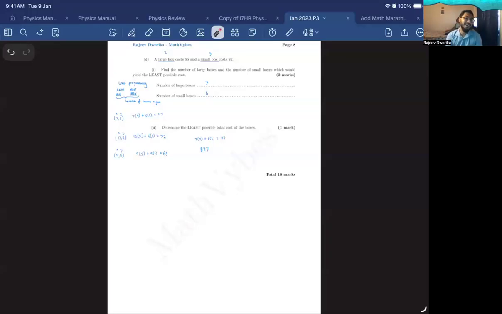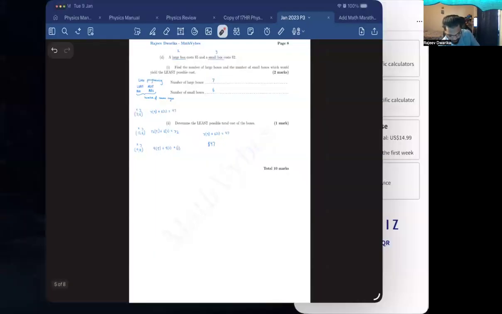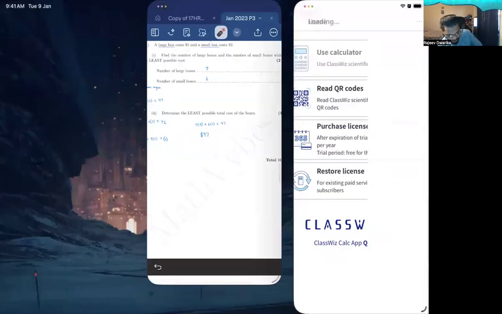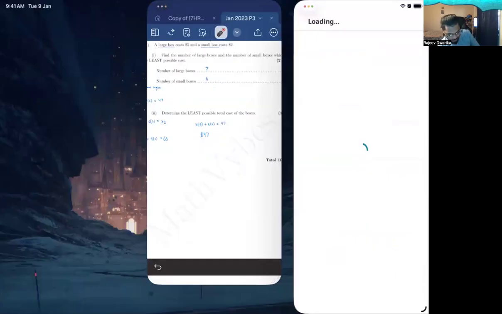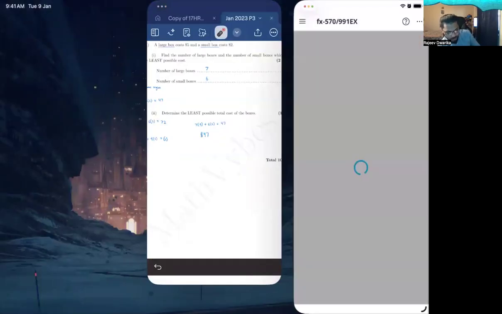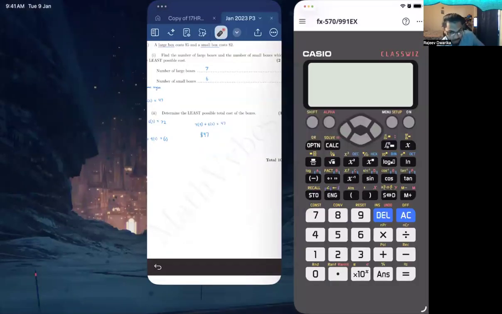Whenever, sir. I got a calculator yesterday, and I don't really know how to use it, so I need help, sir. Which calculator? The same one that I showed you. It's the same class, it looks exactly like this, right?